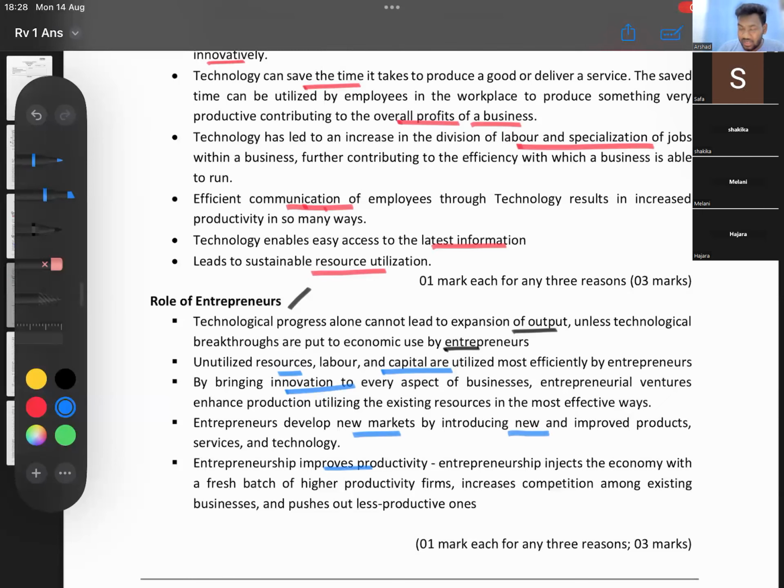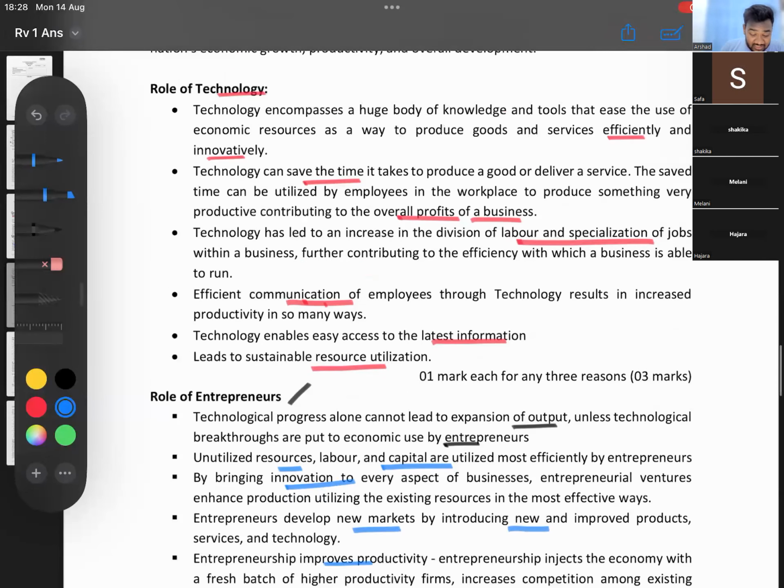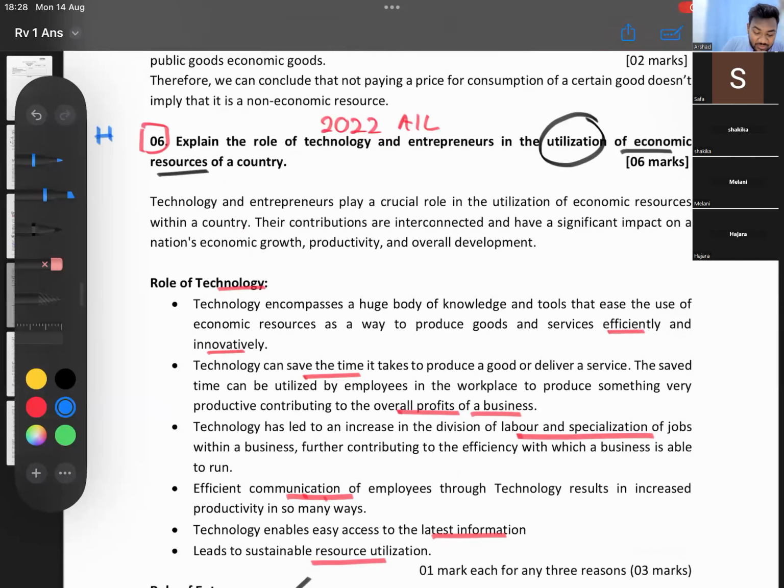So remember, you don't have to write all of this. This is one of the hardest questions that came. That's why I put this. A question that a lot of students would not even have thought of writing. So the question in simple terms is talking about, right? You don't have to write the exact thing. This is the answer that is there in the marking scheme. You don't have to write the exact same thing, but you need to talk about how technology and how entrepreneurship help with utilizing the resources.